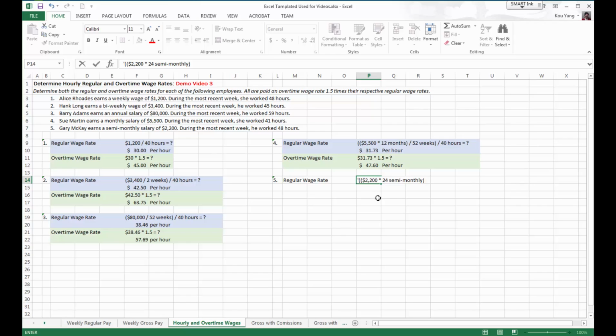So I'm going to take $2,200 times 24 semi-monthly periods, and divide that by 52 weeks. Now that I know his annual salary, I can divide it by the 52 weeks because there's always going to be 52 weeks in a year. And once I'm done with that, I can divide it by 40 hours to find his hourly rate.